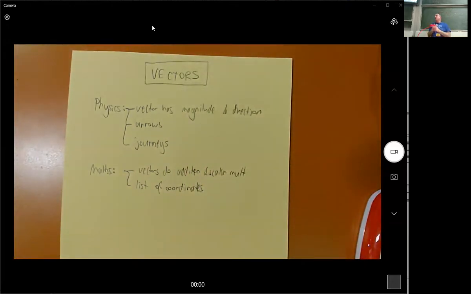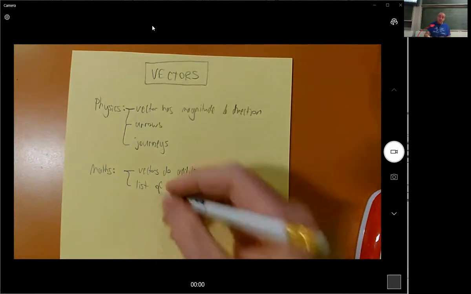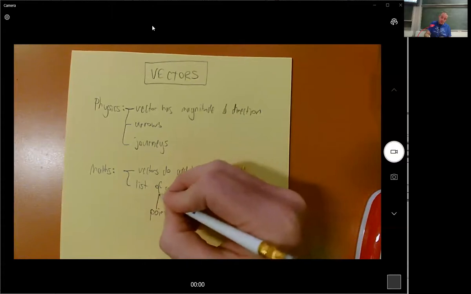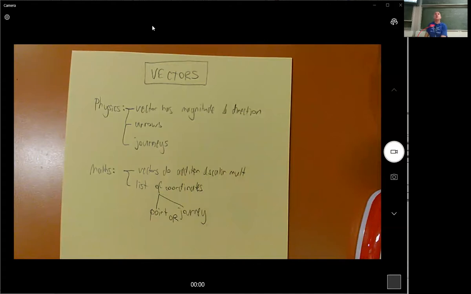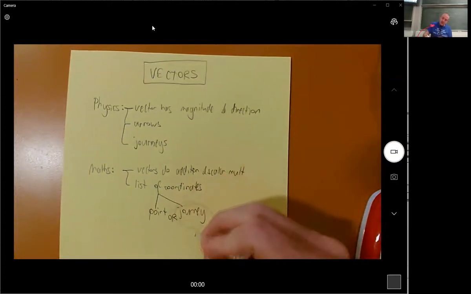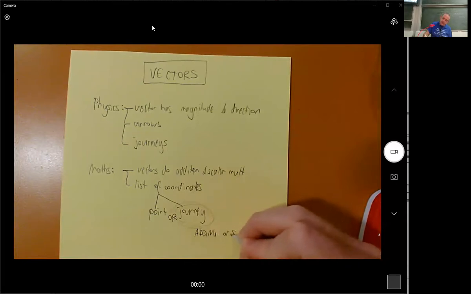Depending on what you want to do with the coordinates, sometimes that list represents a point, and sometimes it represents a journey. You have to decide from context which one you're planning to use it for today, and it doesn't actually matter. Any algebra expression involving vectors can be interpreted one way or the other when you need it to. But in general, it has to be a journey if you're adding or scalar multiplying.